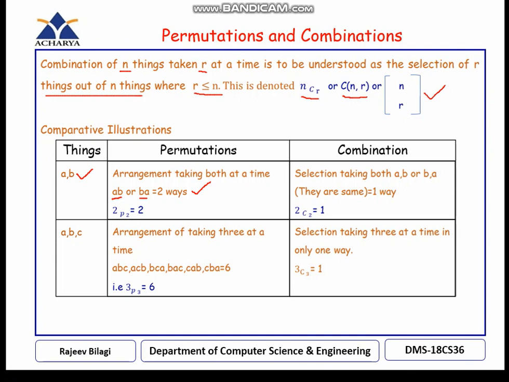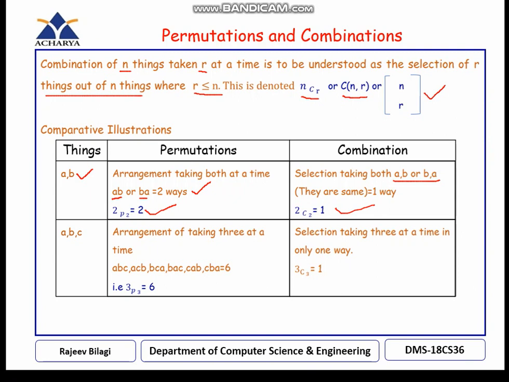If you find 2P2, n is equal to 2, r is equal to 2, so nPr is equal to 2. Now for selection, taking both A, B or BA, both are considered to be the same way. That is why I have written 2C2 is equal to 1.